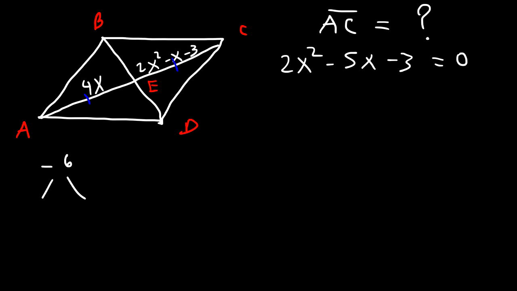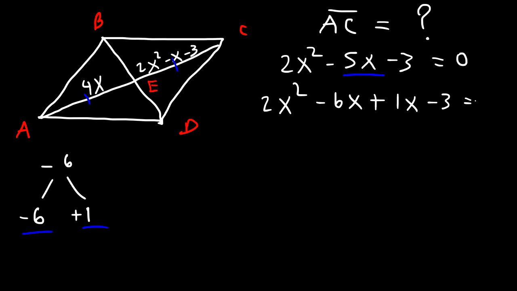Next, you need to find two numbers that multiply to negative 6 but add to the middle coefficient, negative 5. This is going to be negative 6 and positive 1. Negative 6 plus 1 adds up to negative 5. Next, replace the middle term with these two. So we're going to replace negative 5x with negative 6x plus 1x because they add up to negative 5x.